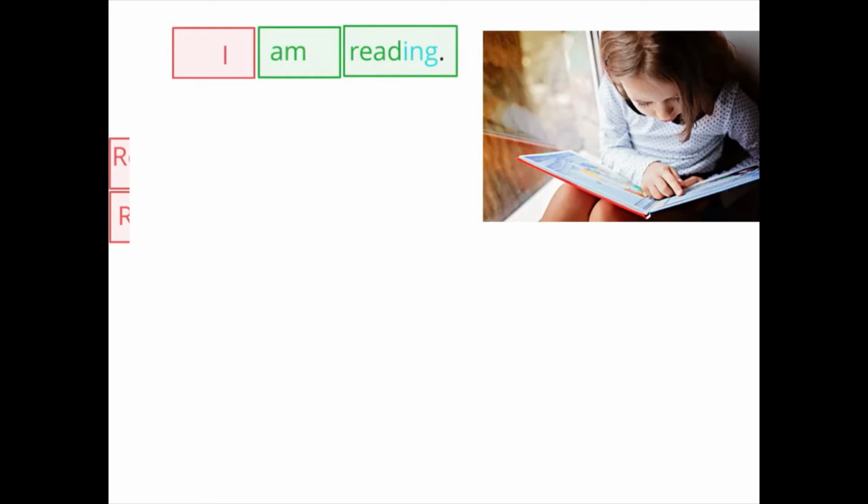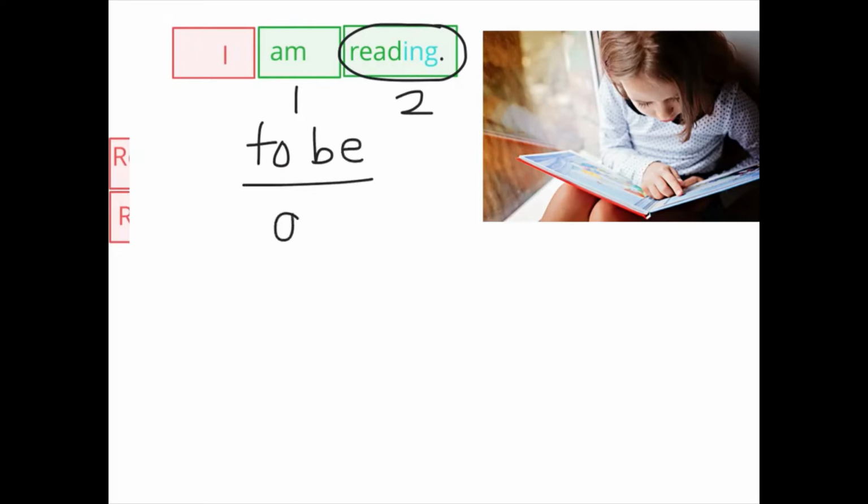But in this first sentence that we did on this page, I am reading, the word reading is part of the verb. It's a two-part verb, part 1, part 2. The first part is the verb to be, which can be am, only goes with the subject I. Is would be for a person, place, or thing that is just one.